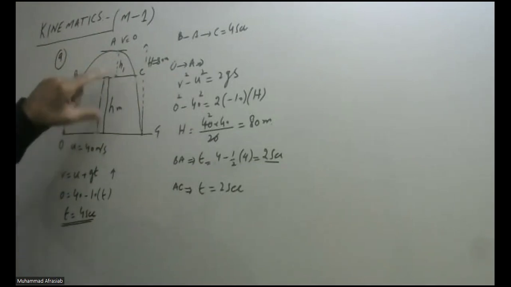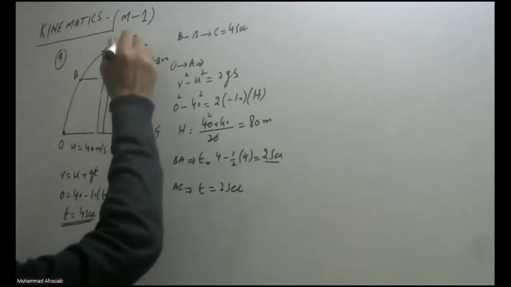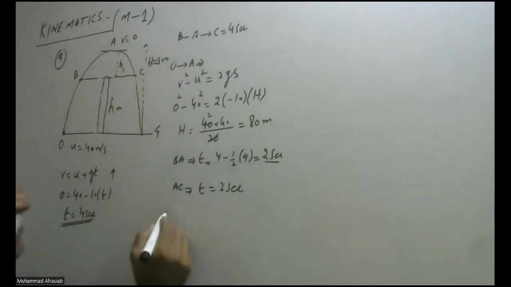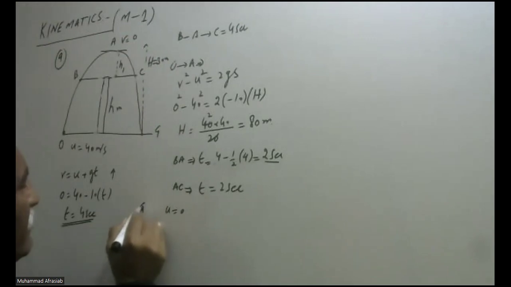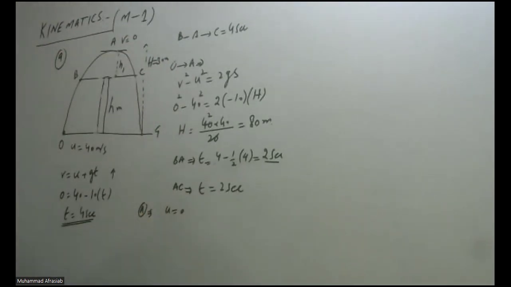So at point A, when it is coming downward, u is equal to 0 and g is 10 meters per second squared.